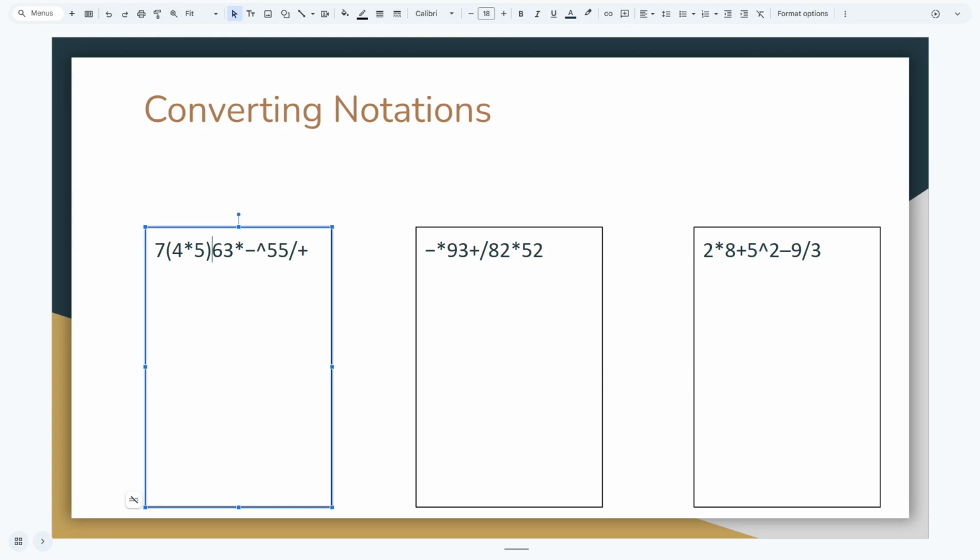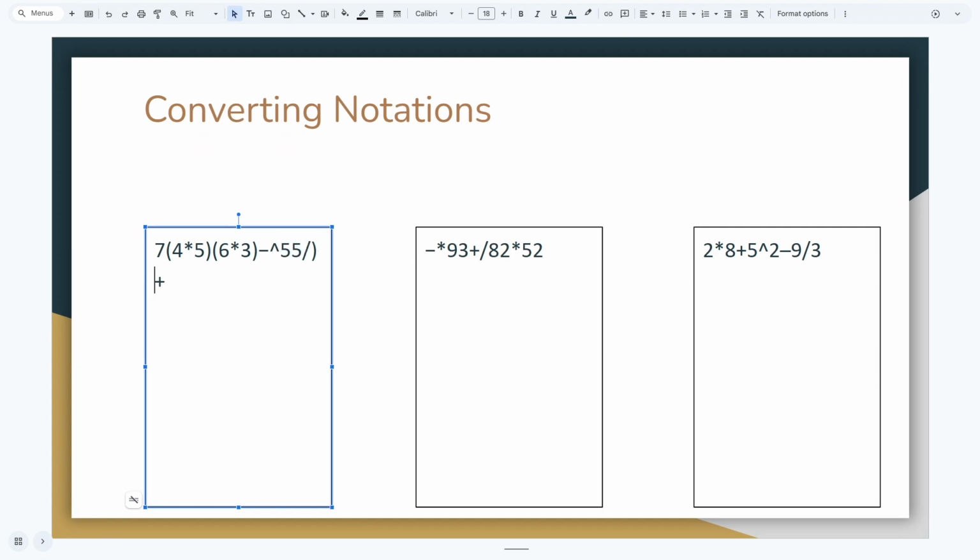So now let's look again. Where do we see it next? 6, 3, multiply. So we can again do the same thing. Put this in a new set of brackets, and again the multiplication sign has to be moved into the middle of those two symbols. And now next we see 5, 5, divide.